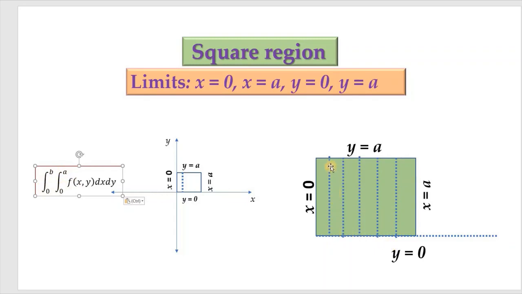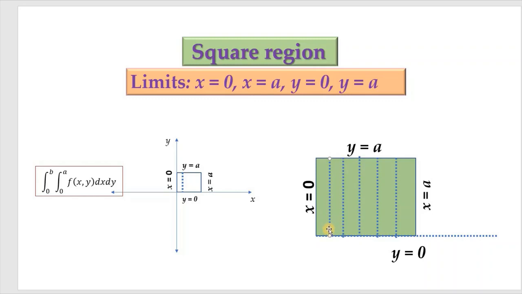And to cover one line, we'll have to give the limits. So we have y is equal to 0, and slowly it goes to the upper line. So that means y varies from 0 to a, because it's a line: from here y is equal to 0 to y is equal to a, it goes.